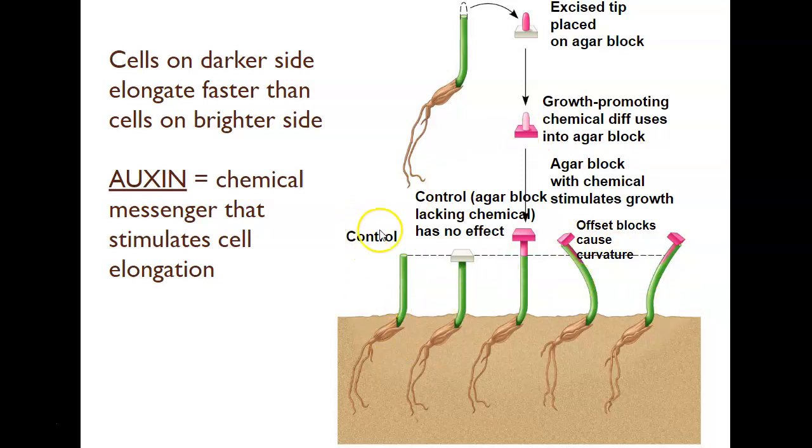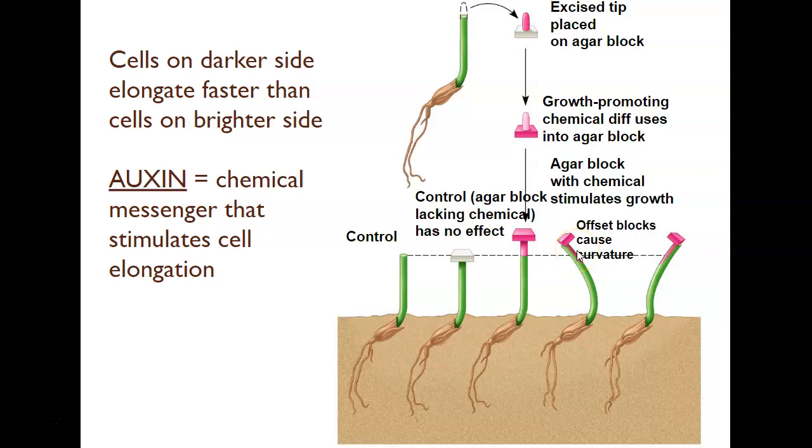If you just straight up cut the top off, that's the control, right? There's no more auxin, because that's in the tip, so it can't cause any movement. And if you never introduced the tip, then no chemical can make its way into the agar block. Therefore, there's no effect. However, in the middle, what they found was that if you have it equal on both sides, there's no real shift, because you have auxin on both sides of the plant, and therefore it's causing equal elongation on both sides.